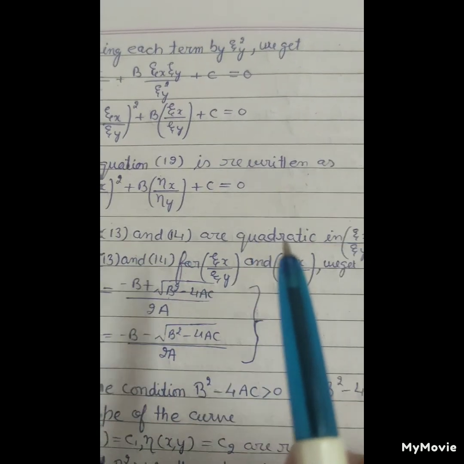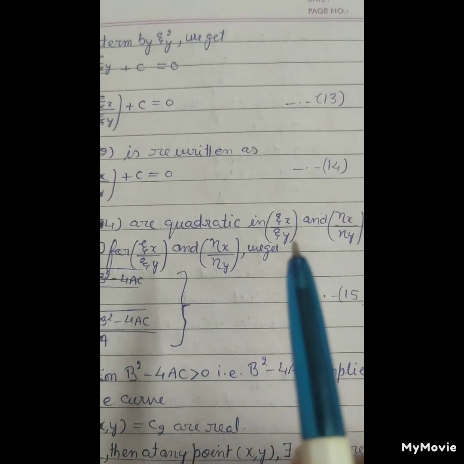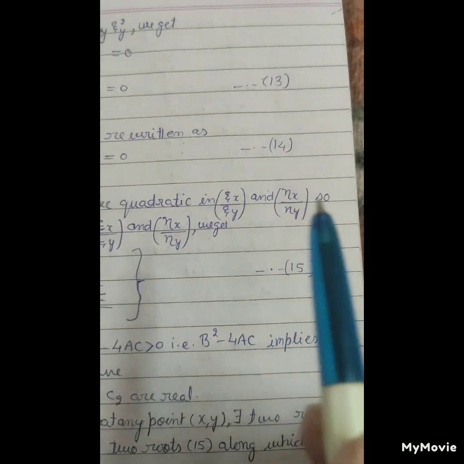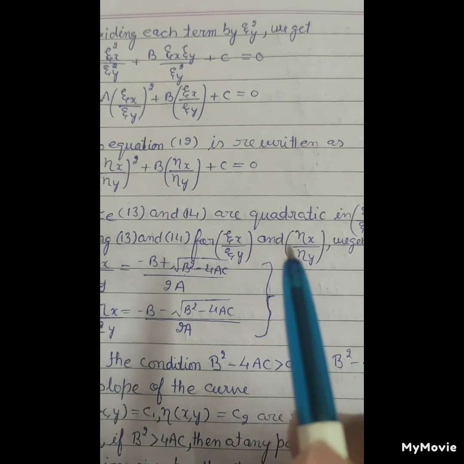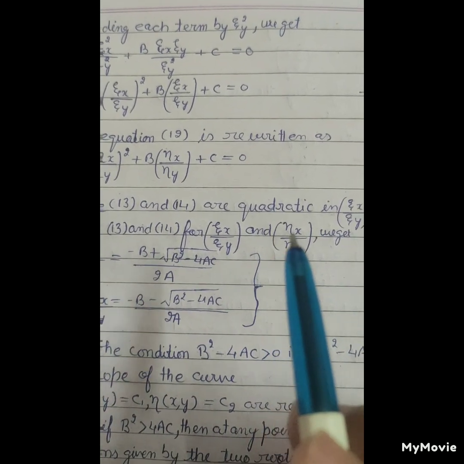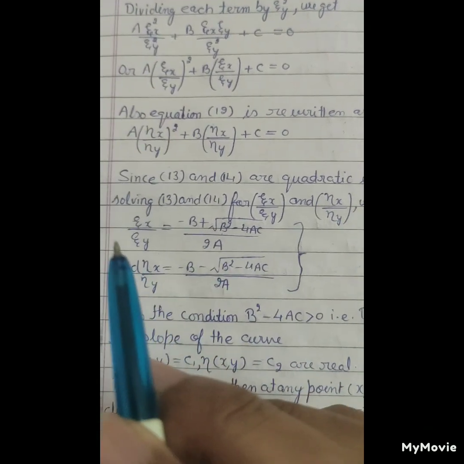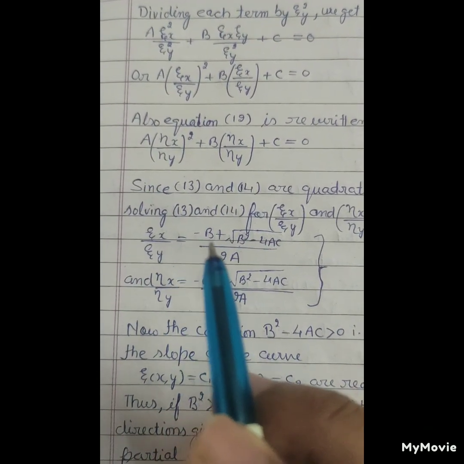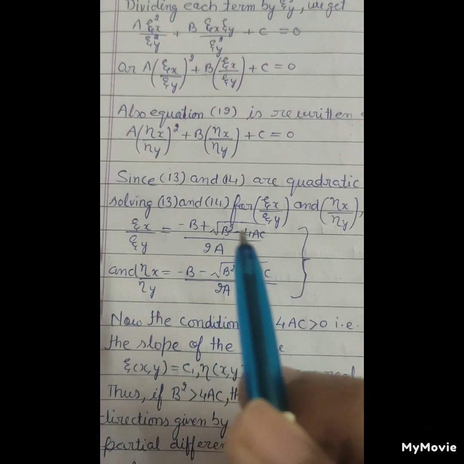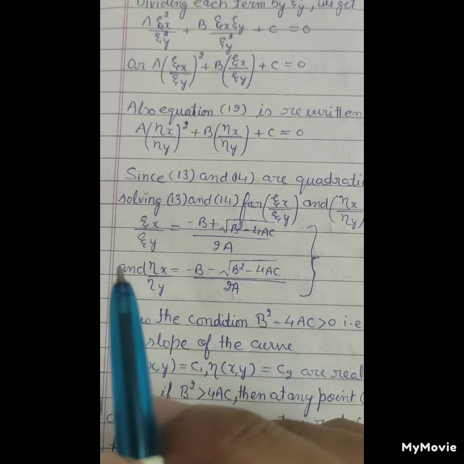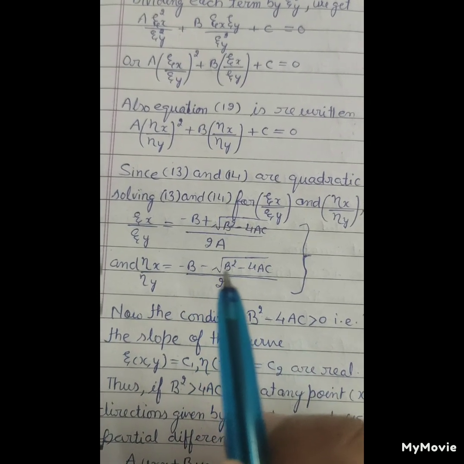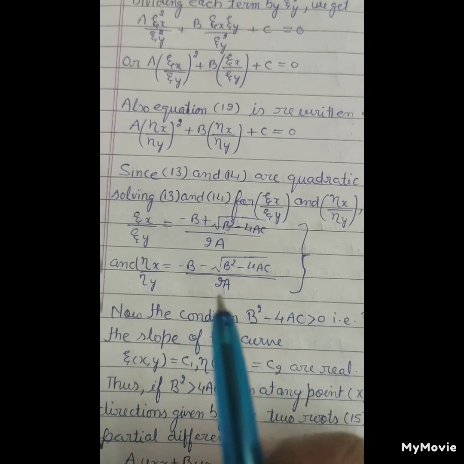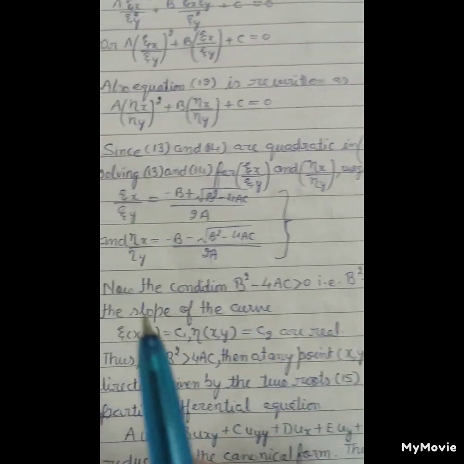Since 13 and 14 are quadratic in η_x/η_y and ν_x/ν_y, solving 13 and 14 for η_x/η_y and ν_x/ν_y, we get η_x/η_y equals (−b + √(b² − 4ac))/2a, and η_x/η_y equals (−b − √(b² − 4ac))/2a.